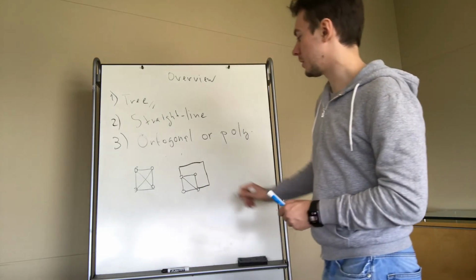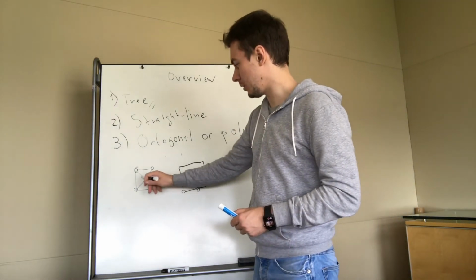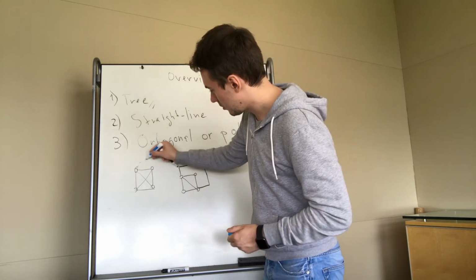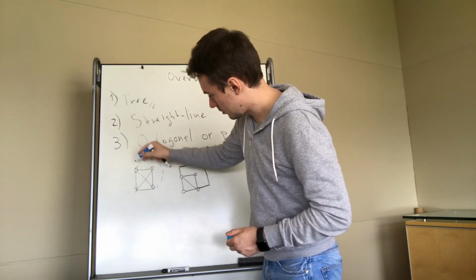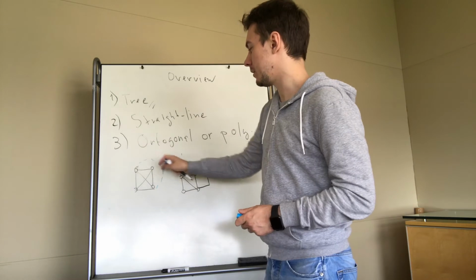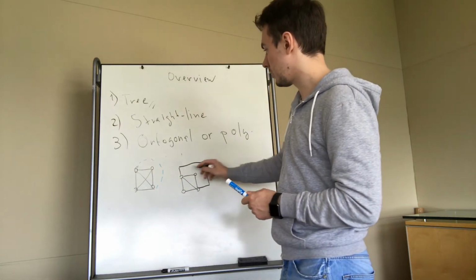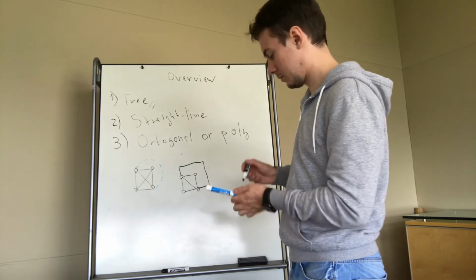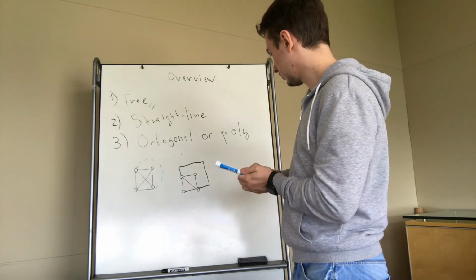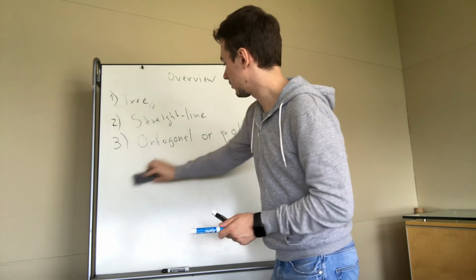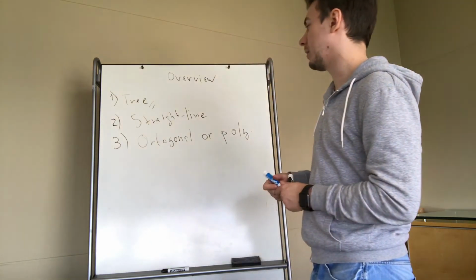As you can see, in this case, we just draw this edge not as an arc, but like an orthogonal polyline. We don't have to use orthogonal polylines.